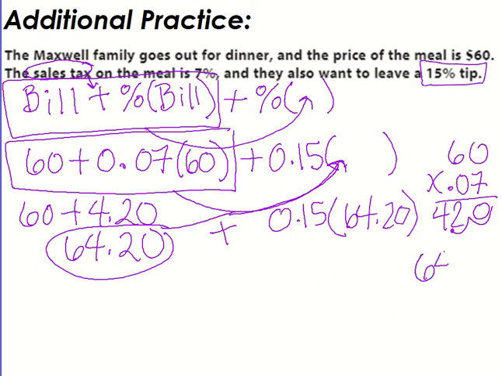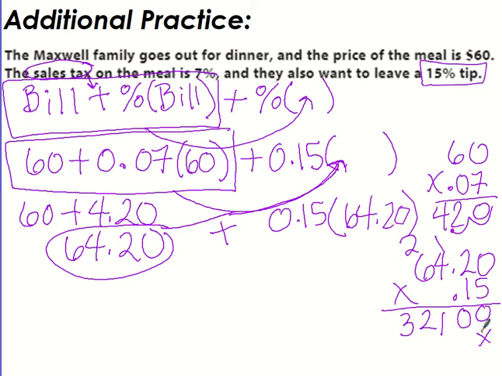So 64.20 times 0.15. So 0, 10, 20 plus 1, 21, 30 plus 2, 32, 0, 2, 4, and 6. Then I'm going to add them together. So 0, 3, 6, and 9. And then I have 4 numbers behind the decimal. So 1, 2, 3, 4.